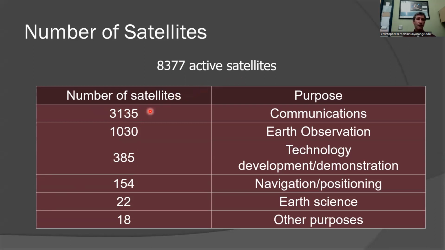Right now, SpaceX is putting up a huge constellation of internet communication satellites known as Starlink. Amazon will be doing the same with their Kuiper. And there are a few other companies that are also putting up these constellations of thousands of satellites to provide internet for any location on the Earth. About 1,000 of the satellites are Earth observation satellites, including weather satellites, satellites that are just observing properties of the ocean, properties of land.